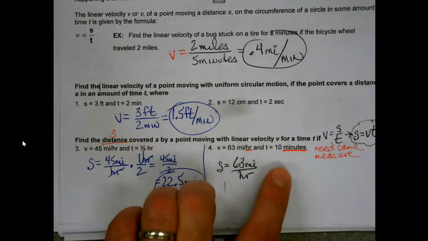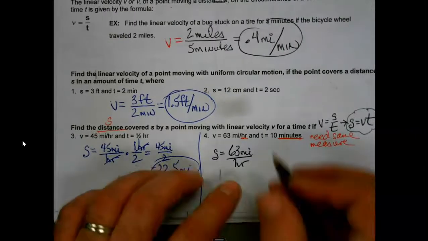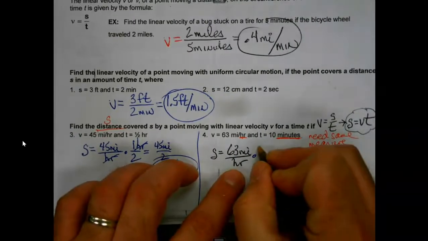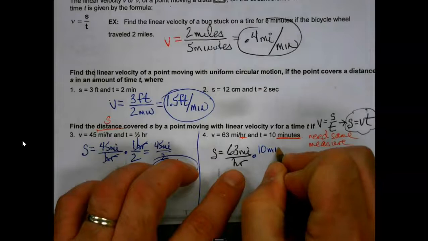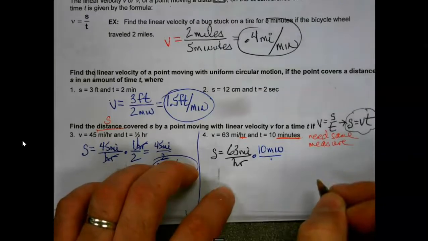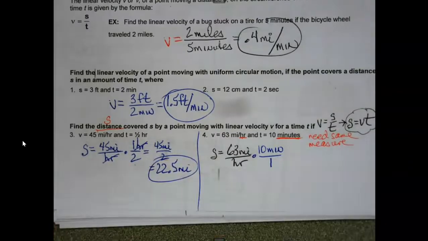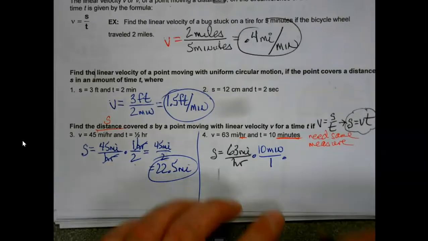You have a couple of ways you could do that. This is a little dangerous, but we could do it. Now I want to make sure I'm doing this right before I get going. Yep. How many minutes are there in an hour? 60.